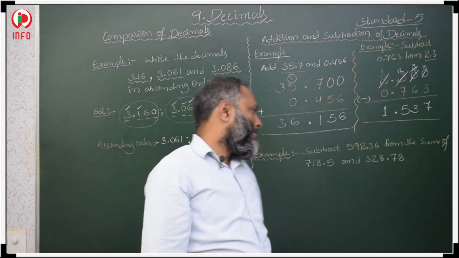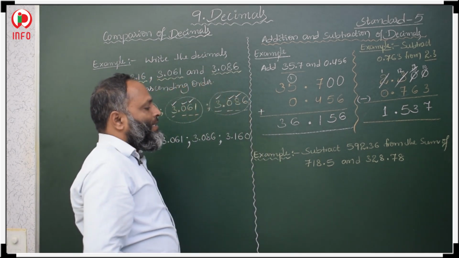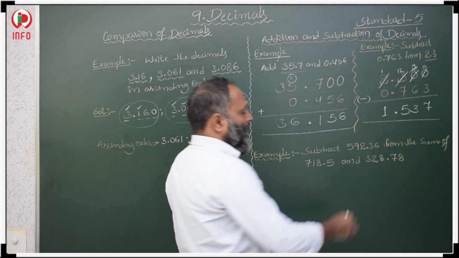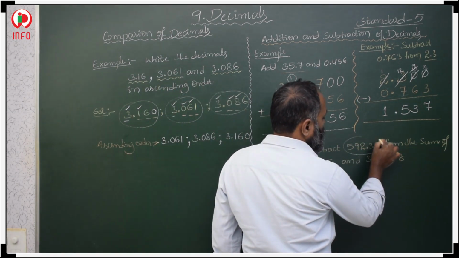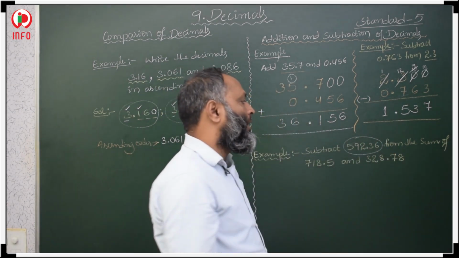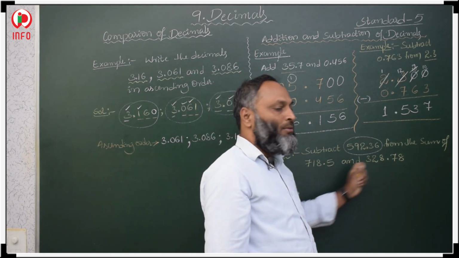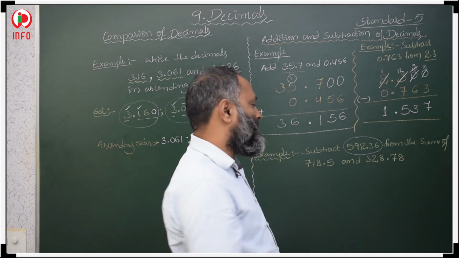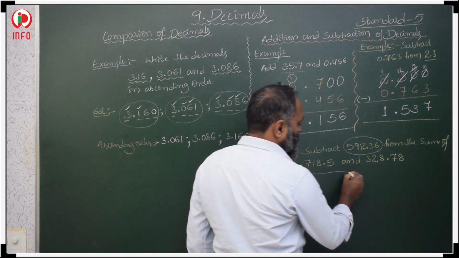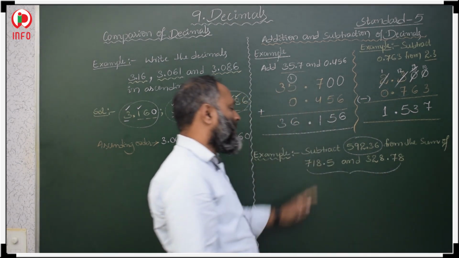Okay. Now in the next example, subtract this value from the sum of these two. First we should find the sum of these two. Sum means add. We should add these two.